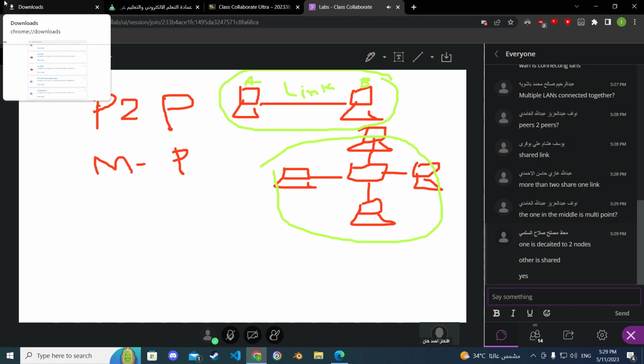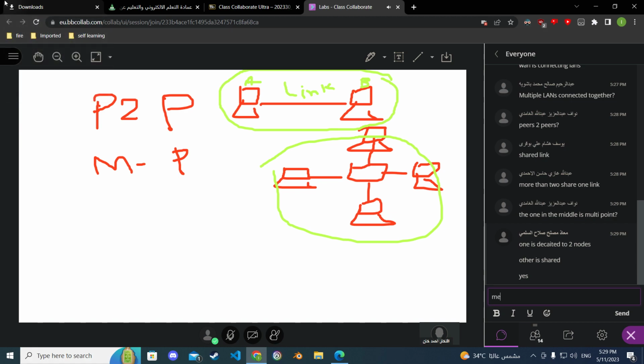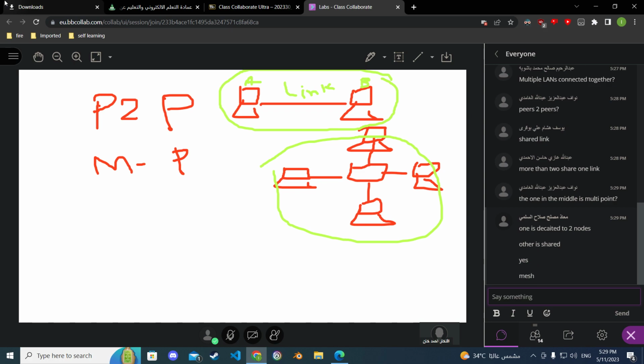An example of multi-point we can implement through star topology. This multi-point is commonly used in LANs, local area networks, in labs.